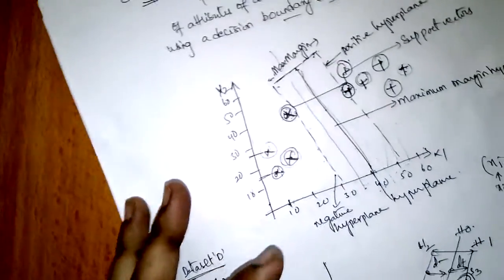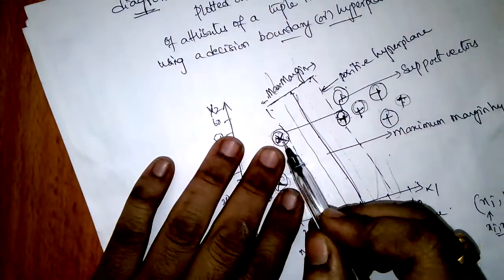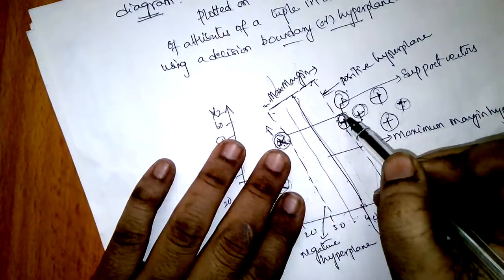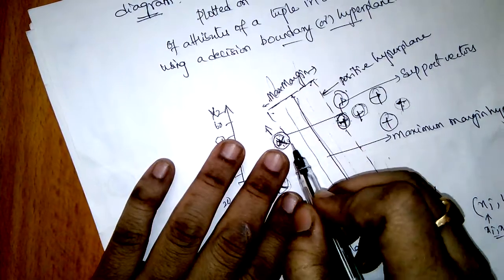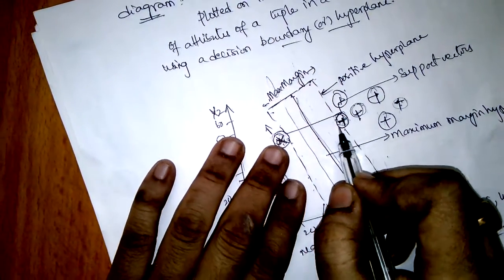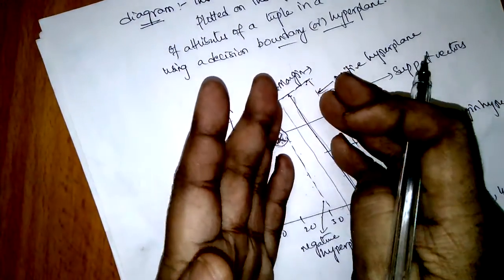So these are the input values. Now in the previous video we learned that this is one vector and this is another vector. We call these two support vectors, which are very near to the hyperplane.